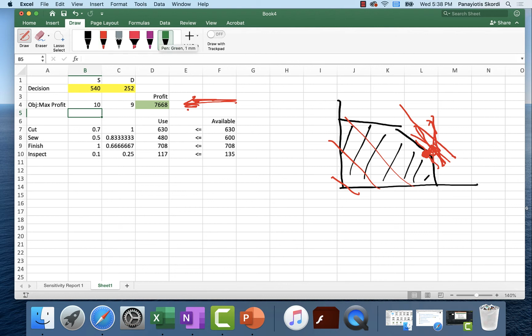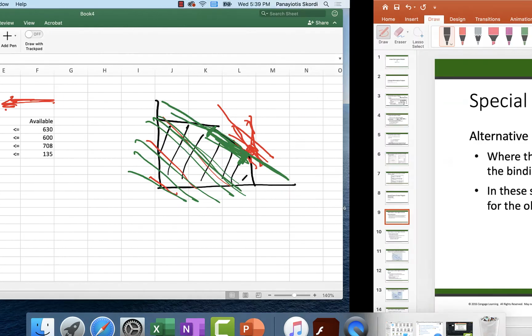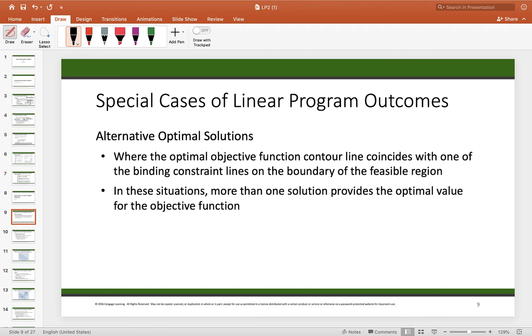If I changed the angle on it in such a way that now the last place it hits my feasible region is a whole line, then that means it's that whole line that gives me all the possible solutions. I can have any solution along that line. Excel's not excellent at actually pointing this out to you, but we can actually see. Let's go back to the PowerPoints and have a look what they say.